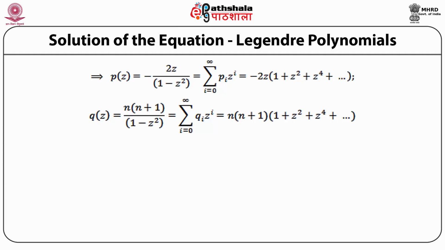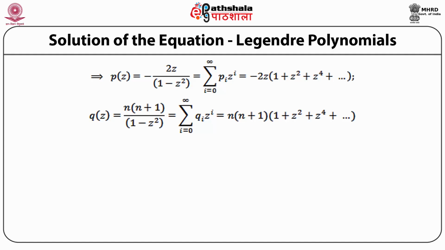This is equal to the summation over i going from 0 to infinity of pi z raised to power i, which is also equal to minus 2z times 1 plus z squared plus z raised to power 4 plus so on. Similarly, q of z is equal to n into n plus 1 divided by 1 minus z squared.